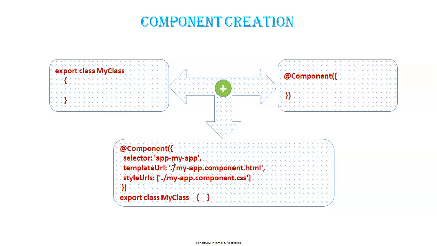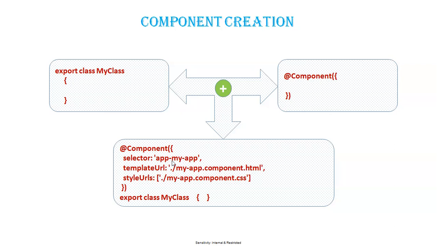See, for example, in your HTML tag, if you want to apply a bold functionality, we will be using the B tag to apply a bold functionality. So finally, B is a tag, nothing but selector to run that functionality. So finally, inside my class, I will be writing my business logic, but if I want to call this functionality, I will come with the tag because it's a front end, right?